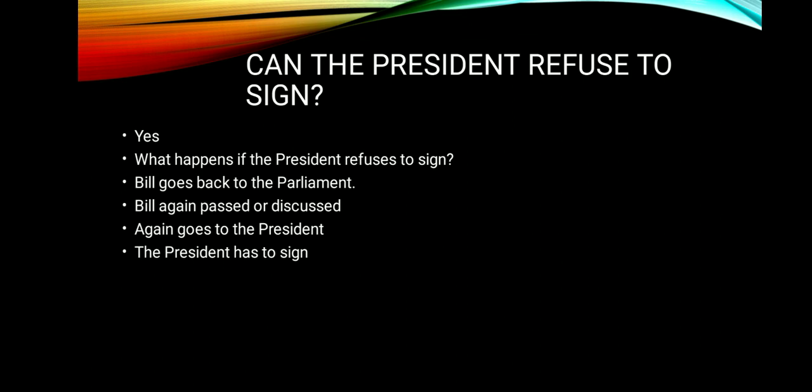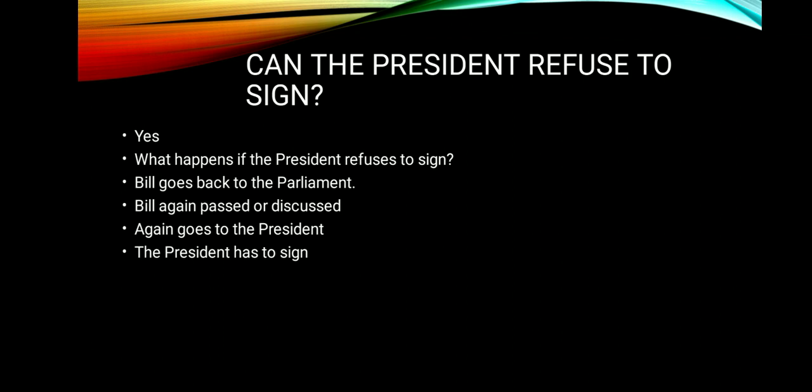Then the houses of the parliament will discuss the matter, and if the bill is passed again, then the president will have to sign the bill.